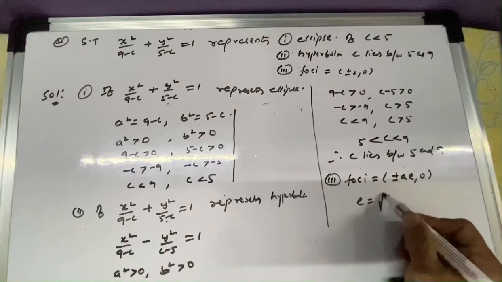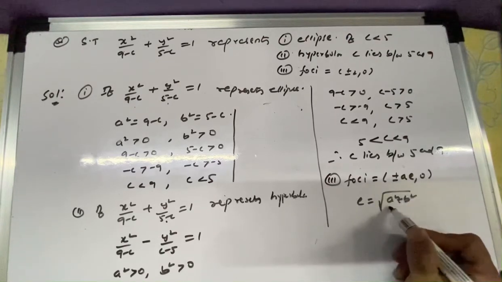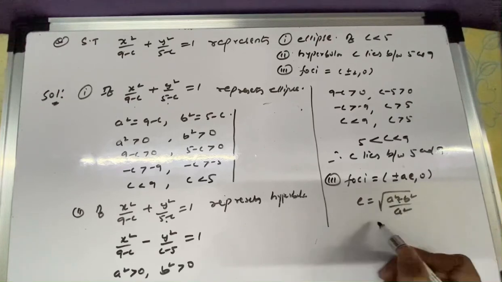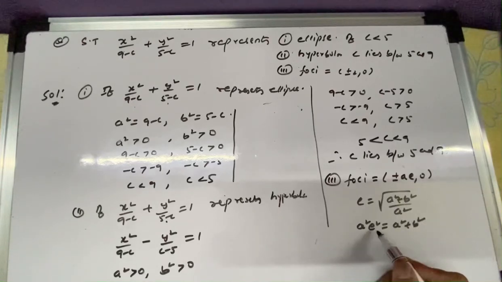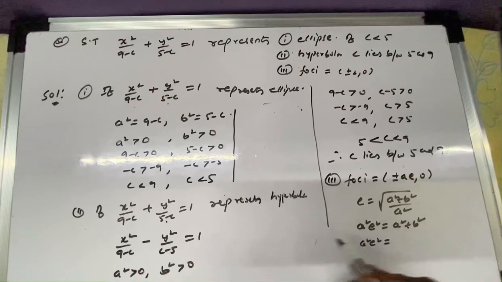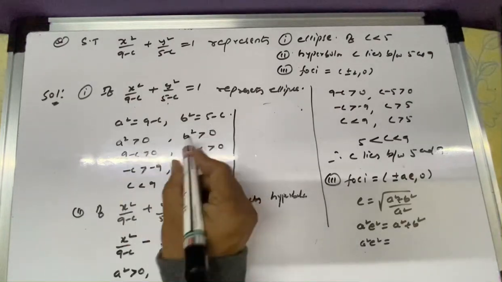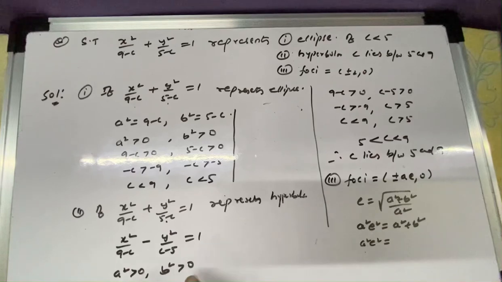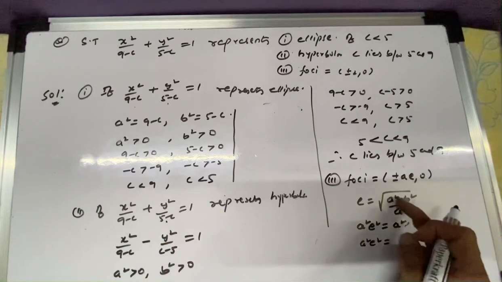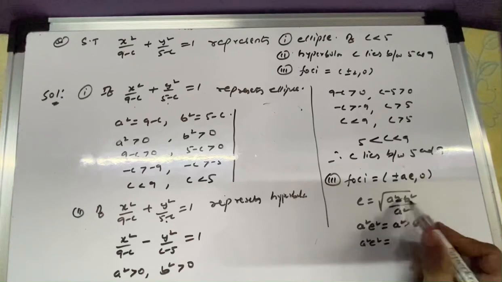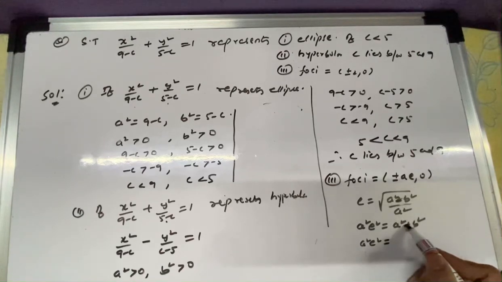Eccentricity equals to root of a square plus b square by, suppose I'll take a square here. Squaring and cross multiplication, a square e square equals to a square plus b square. If we'll add these a square plus b square from this one, suppose if I'll consider this is to be ellipse, so you'll get minus sign here.